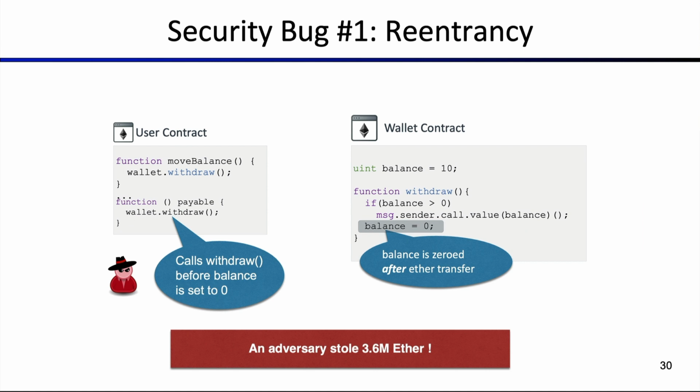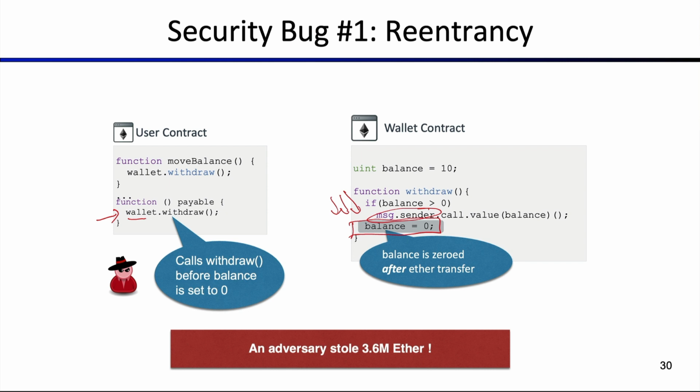So let's look at how this works. Here you explicitly define the fallback function in the user contract, and in that fallback function, you call wallet.withdraw again. So this very function will be called again and again and again, and this will be executed, but the balance will not be set to 0 because the execution is still running.